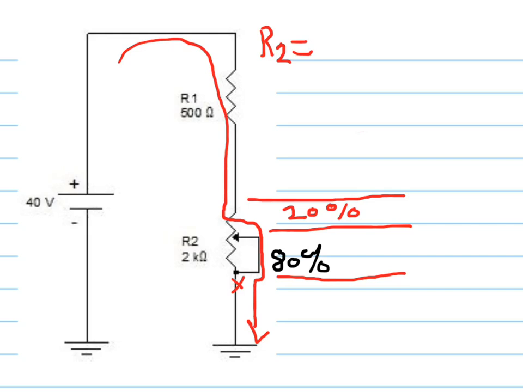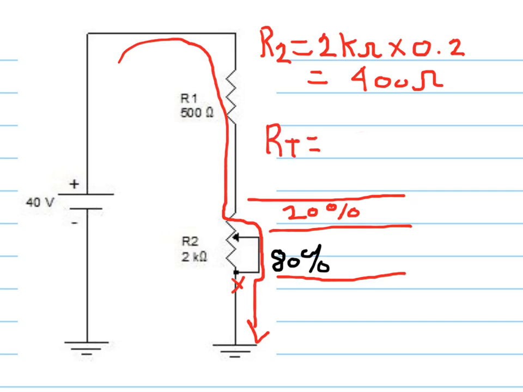So R2, the actual or effective, is going to be 2k ohms times 0.2, which means that we have 400 ohms, and we can say that RT, which is simply R1 plus R2, equals the 500 plus the 400, gives us 900 ohms.